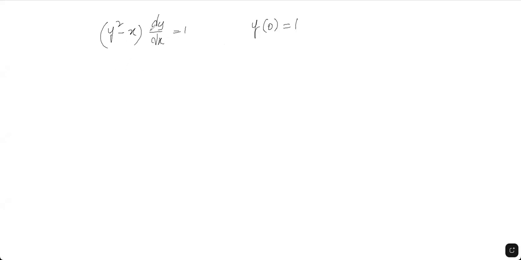We have to make this in the form of a linear differential equation, in the form dx/dy + P x = Q, where P is P(y) and Q is Q(y), functions of y.